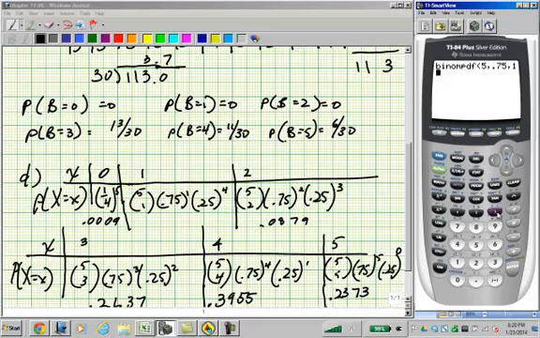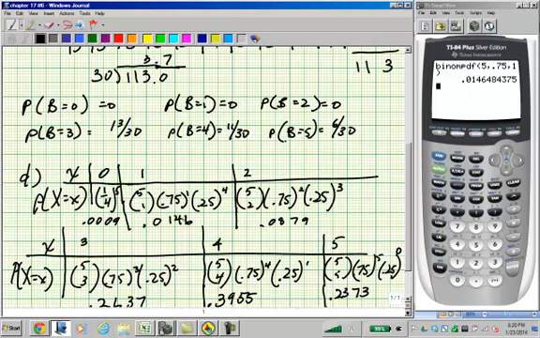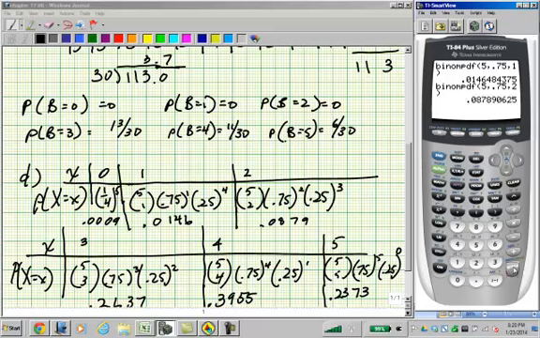That's 0.0146, what I had before. I just forgot that's what I was doing. Let's do the next one, 2. PDF gives one individual probability, while CDF adds up probabilities starting at 0 and going forward. That's why I was getting different numbers. So there's 0.0879, and so on to fill out the rest of the table.